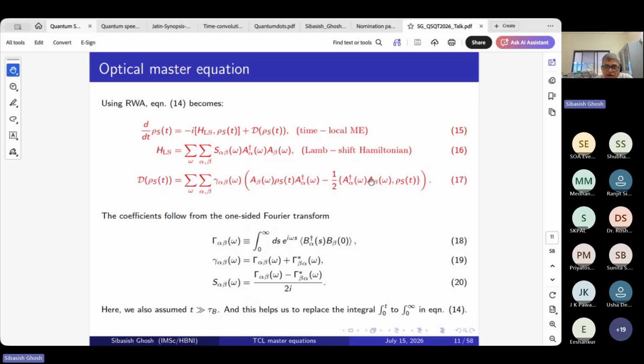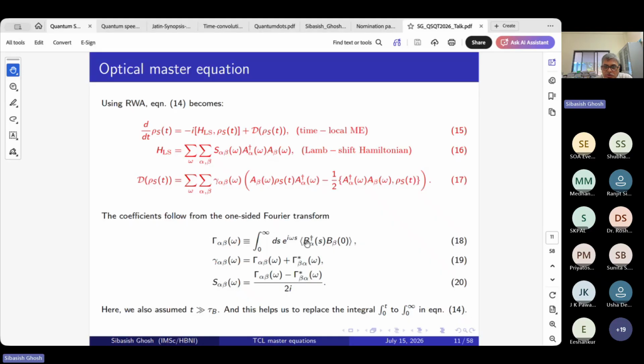Here the first term is A_beta(omega) rho_S(t) A_alpha dagger(omega), minus the anti-commutator of A_alpha dagger(omega) A_beta(omega) with rho_S(t). These quantities, S_alpha beta and gamma_alpha beta, are all given in terms of the bath correlation function.